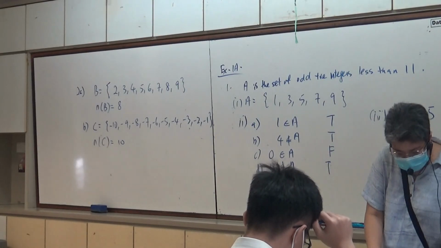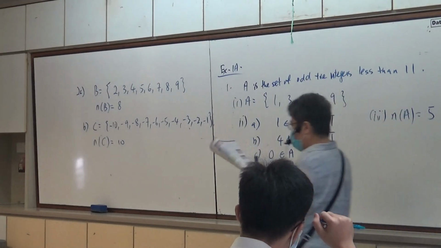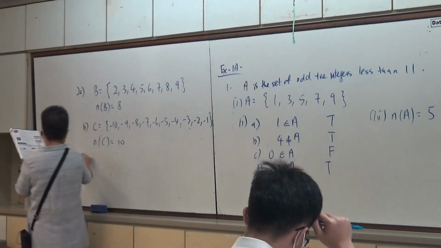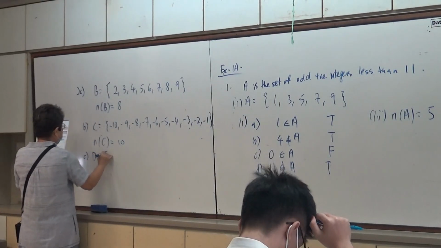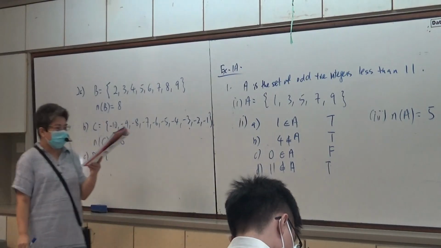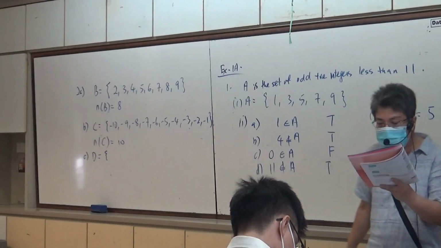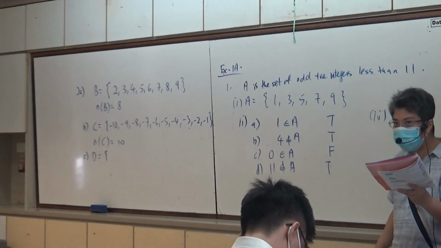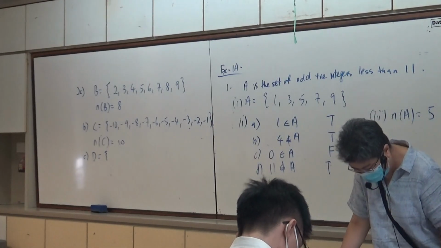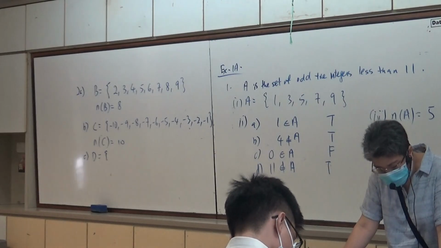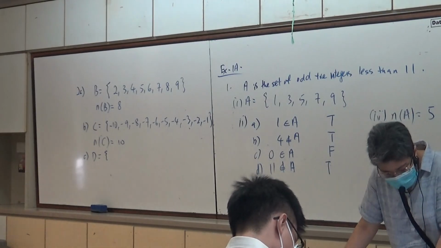Okay. Let's look at the next one, part C. D is a positive even integer such that x is bigger than negative 2 but less than or equal to 12. They say what?